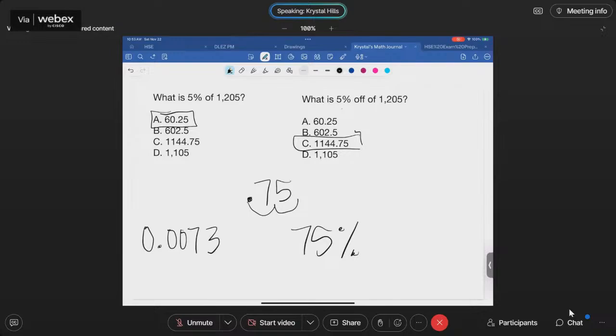You move your decimal 2 times to the right, 1, 2, and now we have 0.73% as our answer. So when you're changing a decimal to a percentage, move it 2 times to the right. When you have a percent and you're doing it to a decimal, move it 2 times to the left.